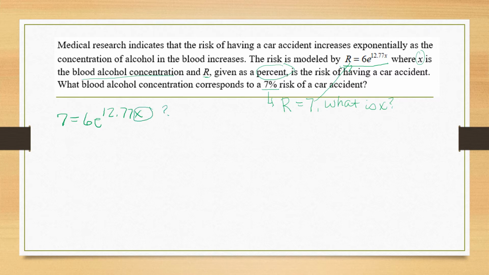So I need to get that alone. First thing I'm going to do is divide the equation by 6, because that will cancel that out. So now this is e, and if I take the natural log of both sides of this, I would have the natural log of 7/6 is equal to the natural log of e raised to the 12.77x.